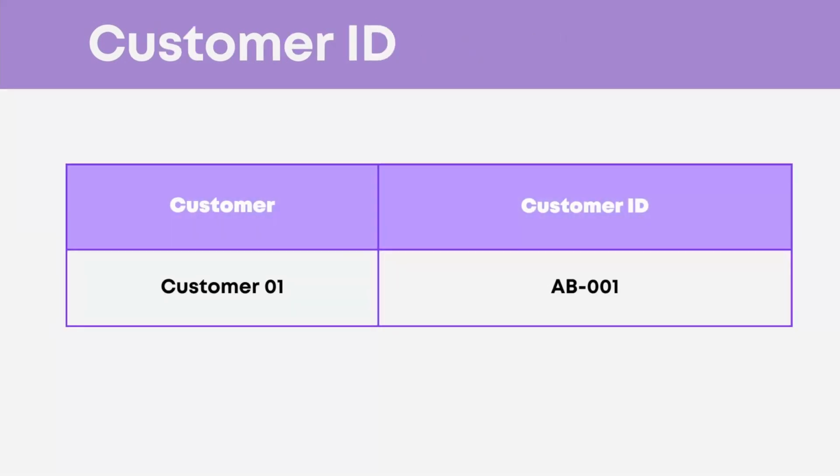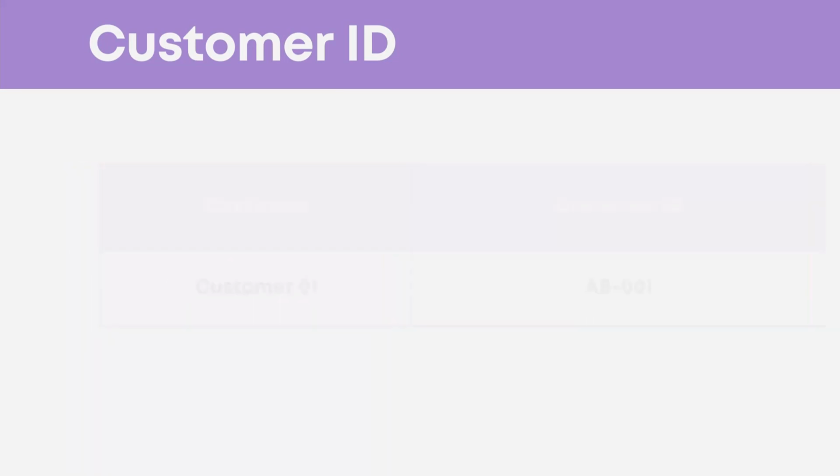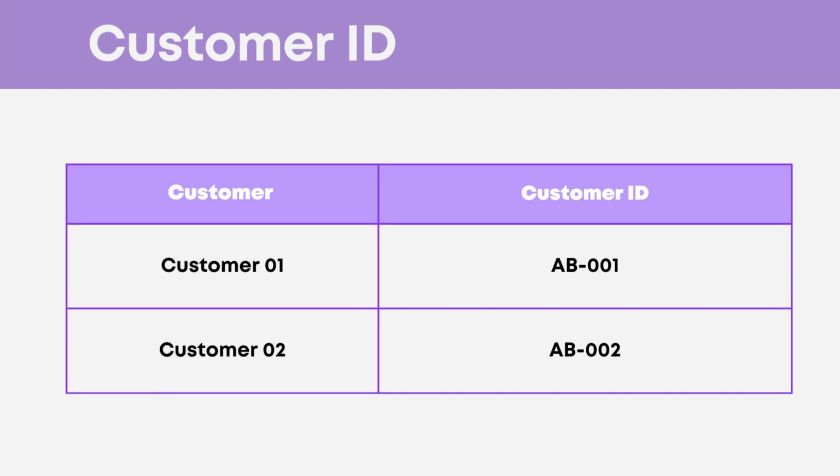Similar to invoice ID, we also have something called the customer ID. This is a way for us to identify customers. Each customer will be assigned a unique ID by the system, which means no two customers will get the same ID. Again, this ID could be a number or a combination of text and numbers. In our dataset, it's a combination of text and numbers.